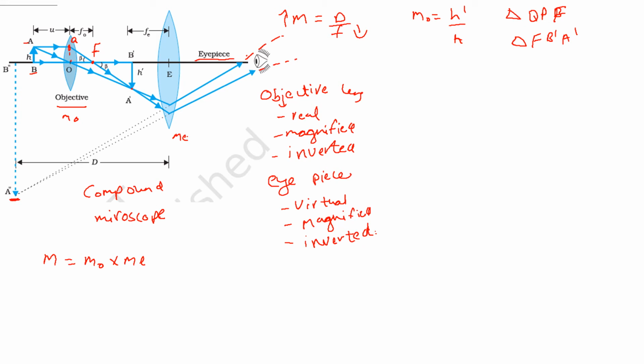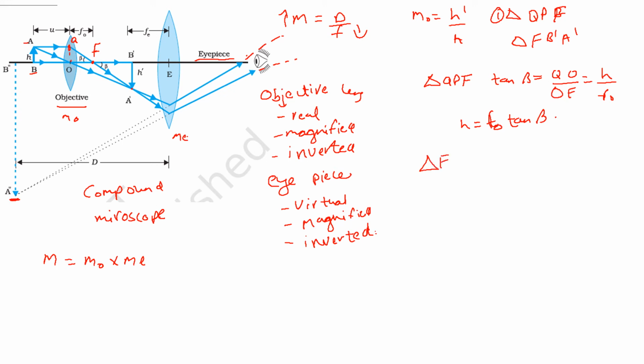In triangle QPF, tan beta equals opposite upon adjacent. Opposite will be QO upon OF, that will be equal to H upon FO. FO is the focal length, so I can write H equals FO into tan beta.